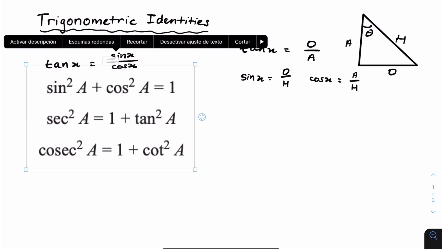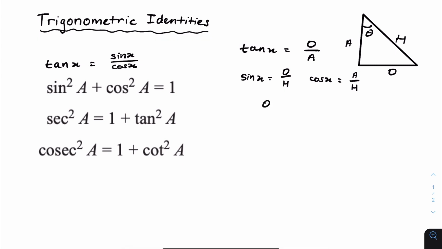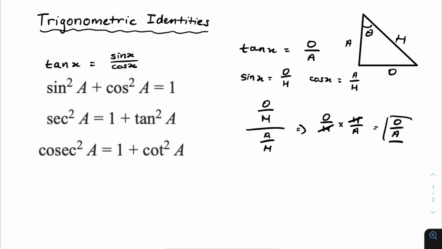So sine x is O over h, and we divide this by a over h, which is cos x, which gives us O over h times h over a, if we use division, which gives us opposite over adjacent.